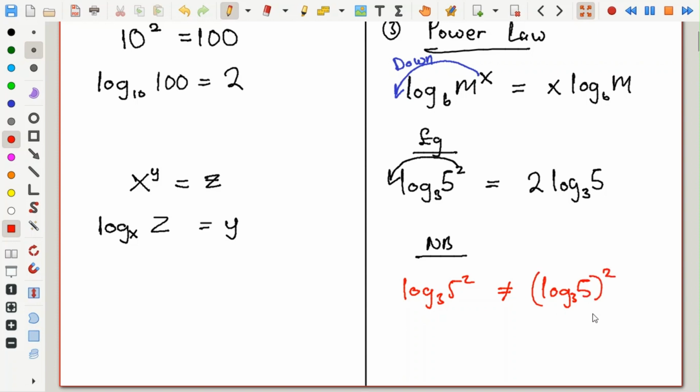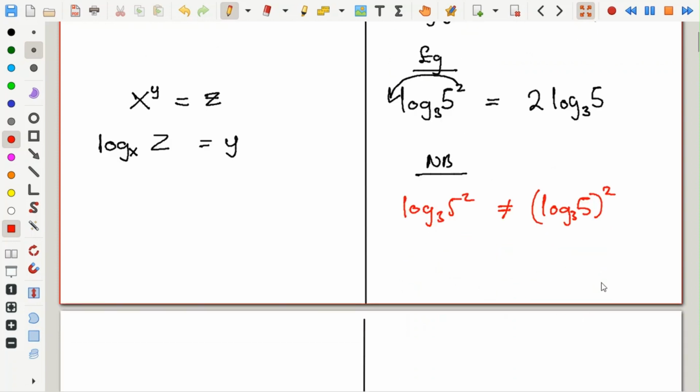Now I want you to pause the video for 1 second and tell me what the difference is. As you can see here, the whole logarithm, the whole function is being squared, but here just the argument, just the 5 is being squared. That's the difference.